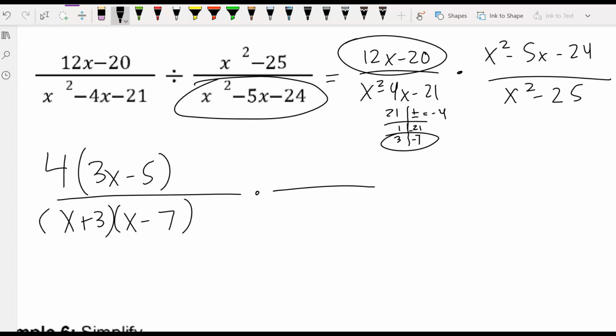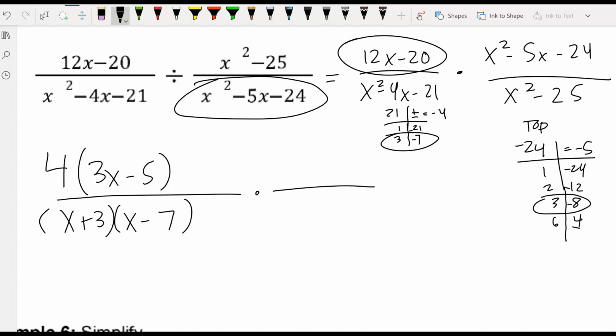All right, the top of this one, we want factors of -24 that add or subtract to equal -5. So 1 and 24, 2 and 12, 3 and 8, 6 and 4. So it's a negative as well. So the big numbers will be negative.